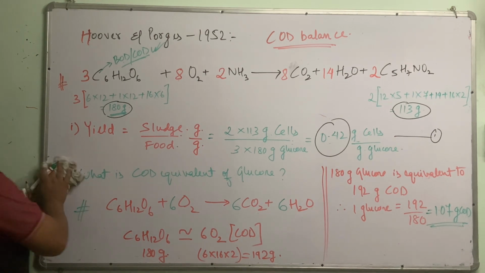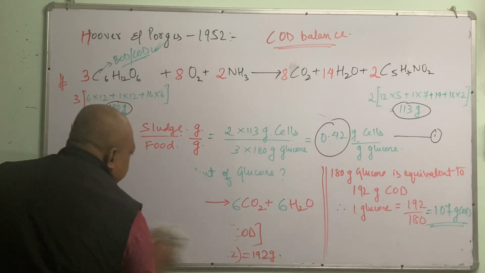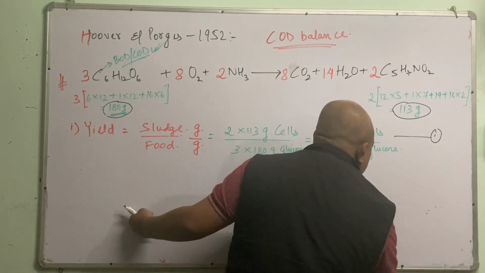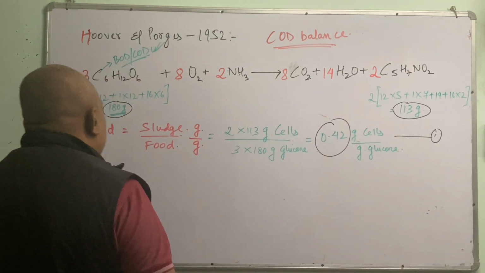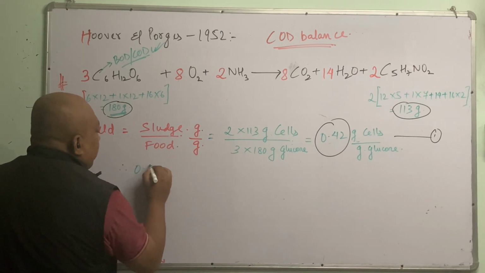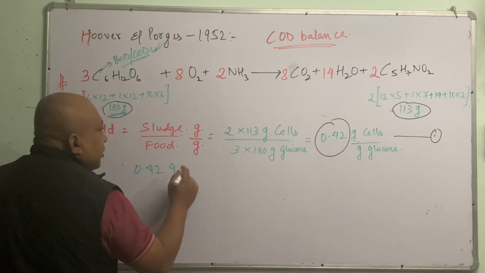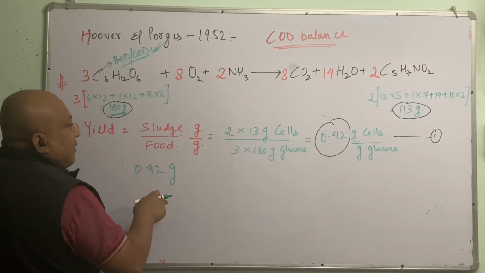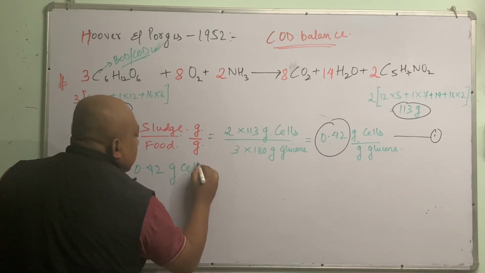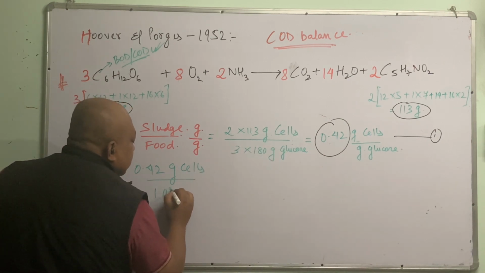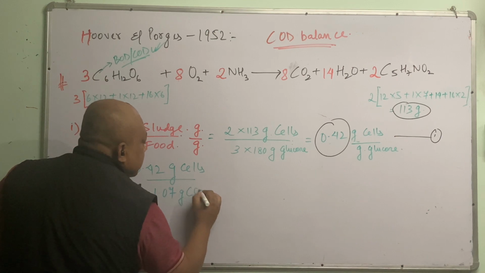So now you can pause the video and have a look. Let me rub this part. Therefore, the yield is 0.42 grams of cells per gram of glucose, which means per 1.07 gram of COD.